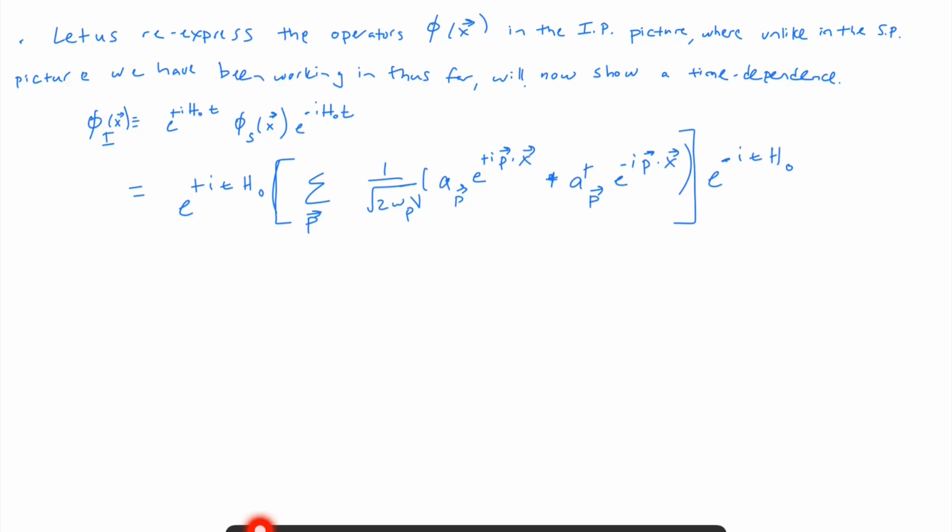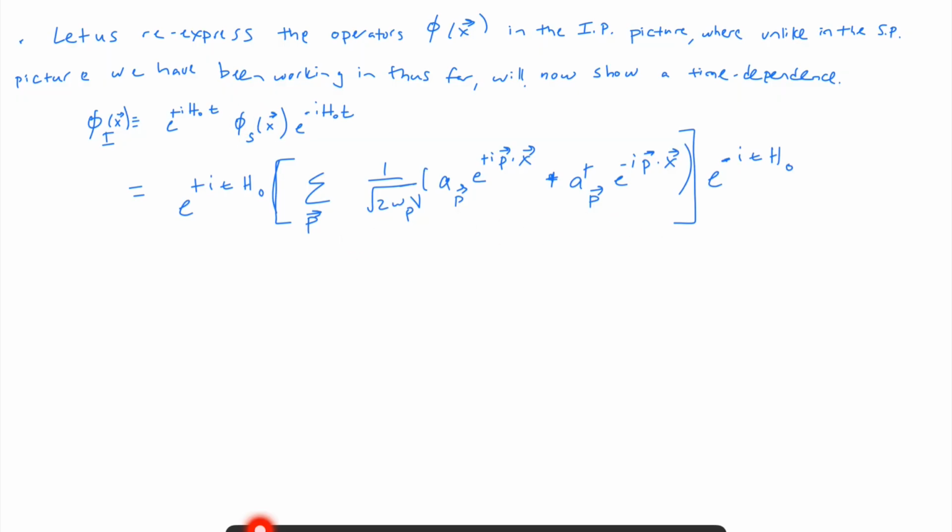So I'm going to just keep this e to the plus i H naught t here and e to the minus i H naught t here, and I have brackets on this thing, but this is just this thing re-expressed like we talked about in previous lectures. This is the expansion in terms of A's and A daggers right over here. Okay, so this is this whole thing expanded like we're used to before.